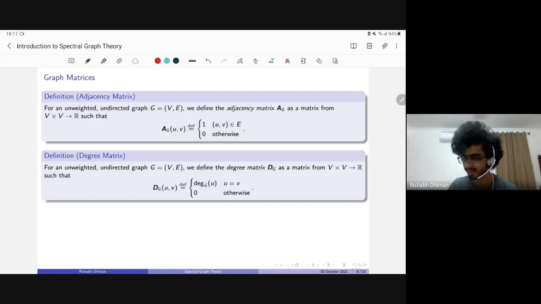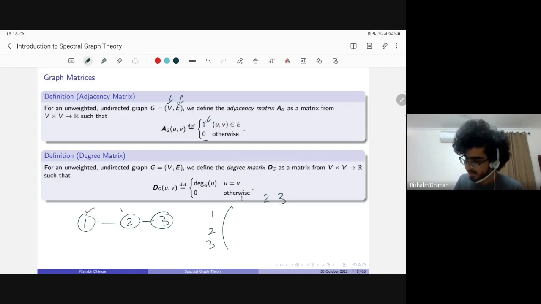Okay, now we actually start relating stuff to graphs. Say you have some graph G, which has these vertices V and the edges E. You define this adjacency matrix to be one if the vertices have an edge between them, zero otherwise. So for example, you have this graph 1, 2, 3, and you consider this matrix.